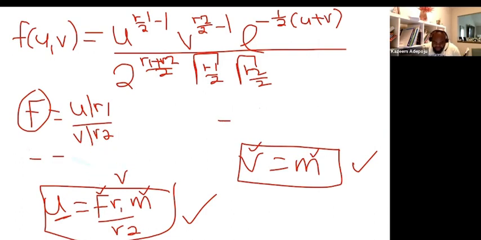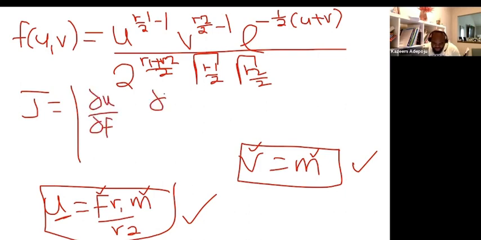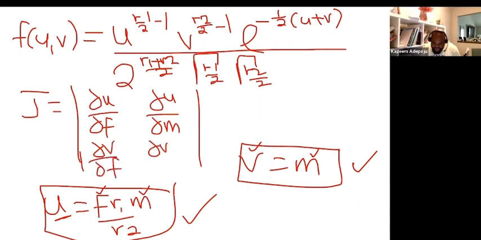My Jacobian is going to be 2 by 2. I need the u with respect to f, the u with respect to m, and the v with respect to f, and the v with respect to m.